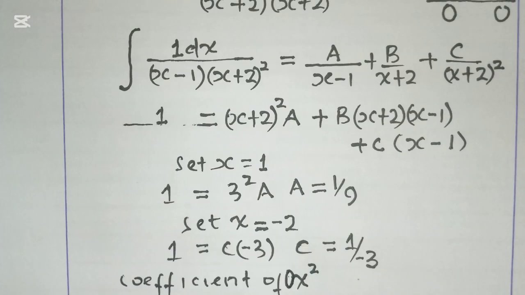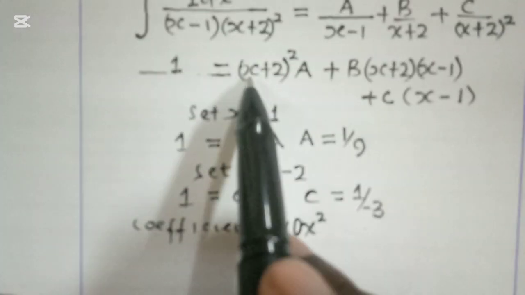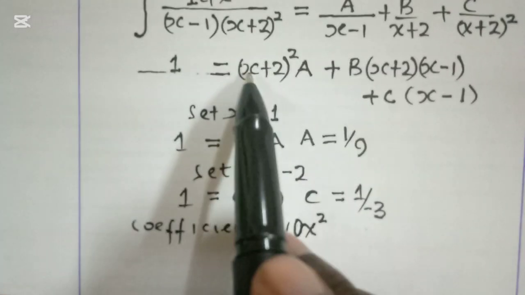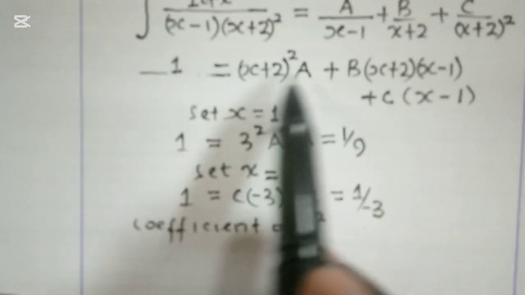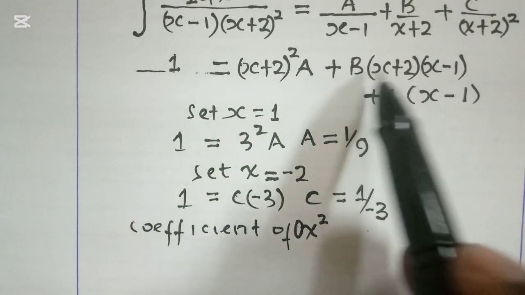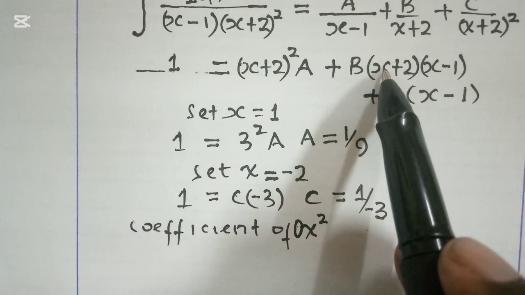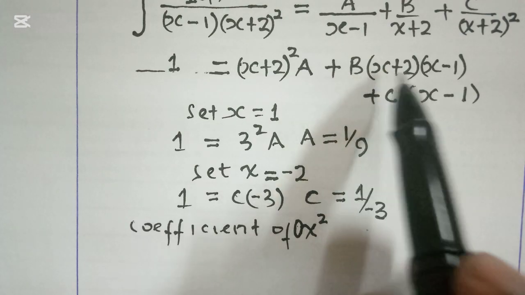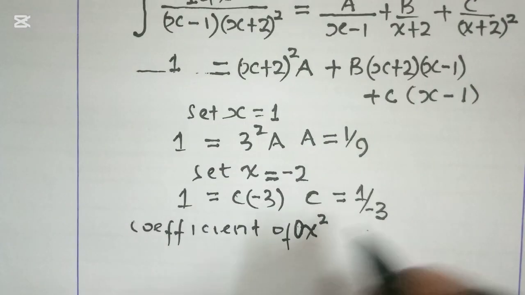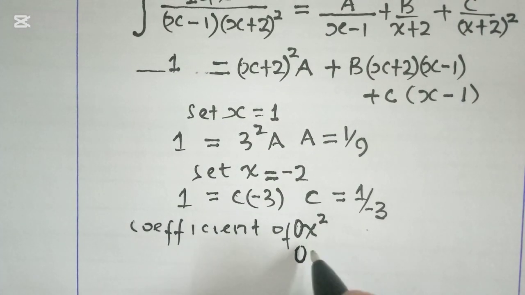And for that one, guys, it's quite easy because for x squared we have ax squared. If you expand this one, you'll have x squared alone. So you shall multiply by a, it will be a. Then come here, this one you expand, you'll have x squared first as the first term, you multiply by b. So our coefficient for x squared here will be a.